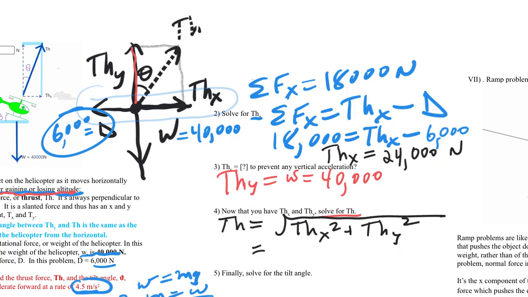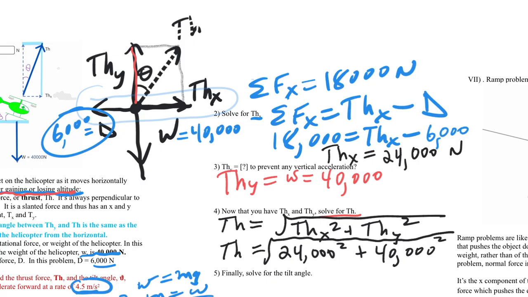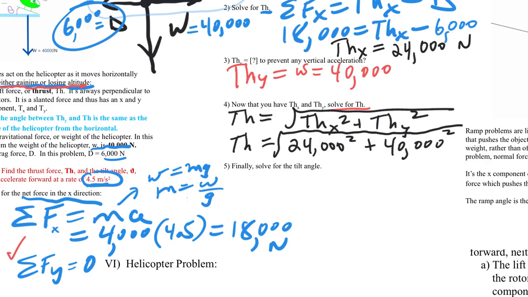THX is 24,000, and THY, we just found, is 40,000. You square both of those and add them, and then square root your answer. So calculate that out. You get 46,647. I'm not going to round it. I should, but I'll just take it to the decimal point. Newtons. Finally, solve for the tilt angle.